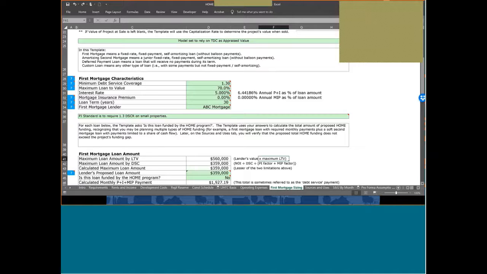Now, that could be done by your own staff. That could be that you hire a contractor with the appropriate skills, and that's done on a project-by-project basis.